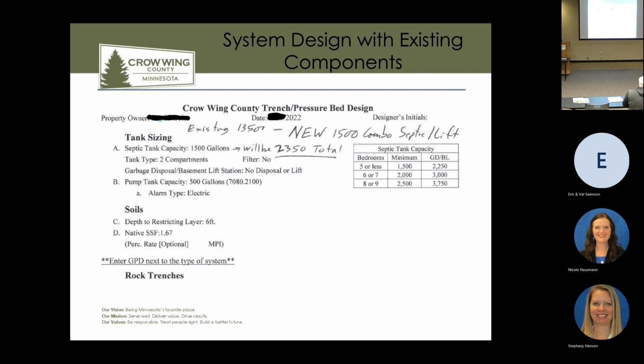For instance, if we are just doing a tank replacement or utilizing the tank that is there, you let us know in one form or another, whether it's by tank sizing and what's going to be existing and new, or in additional notes on the bottom of the page.